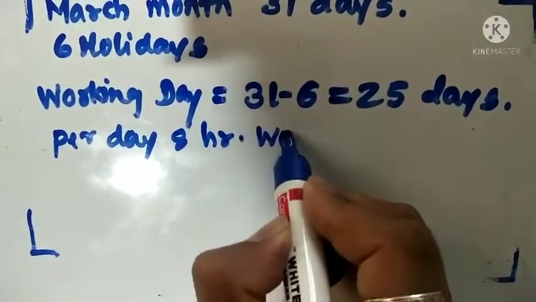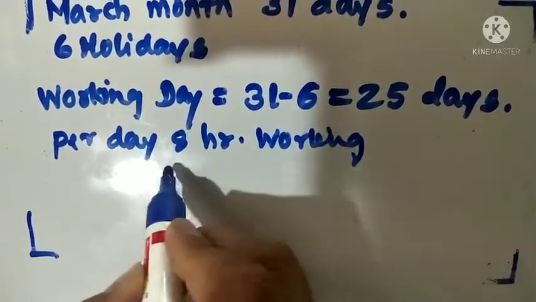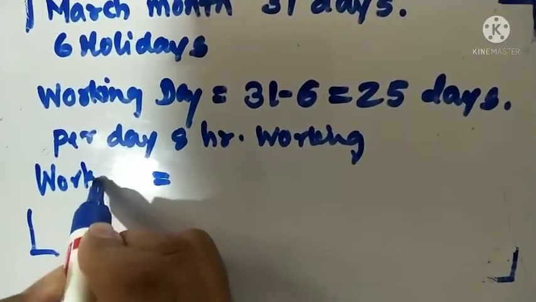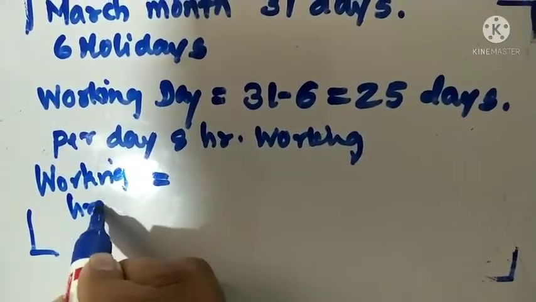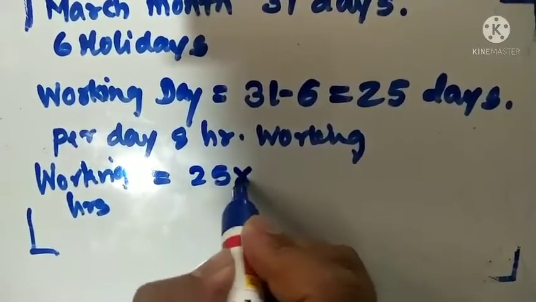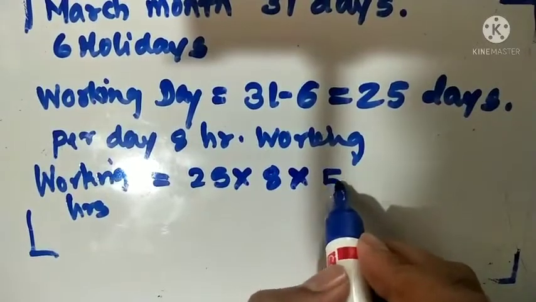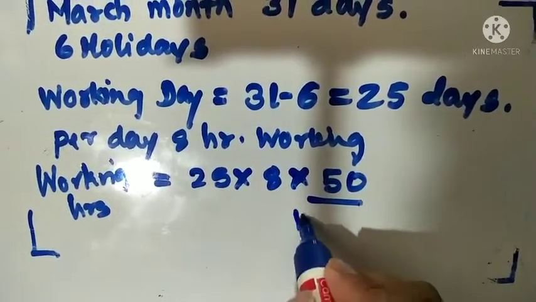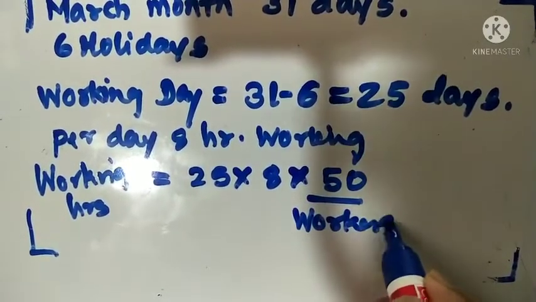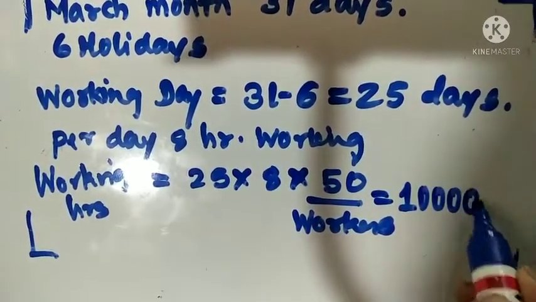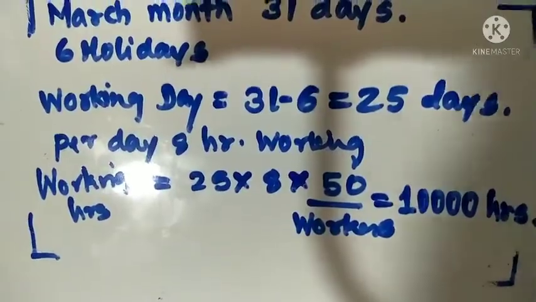So by multiplying the number of hours, number of days and number of workers, we get the total man hours available in that particular month. So 25 into 8 into 50 workers. So totally we are having 10,000 hours in that month.